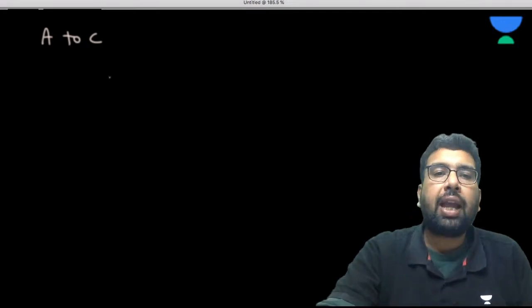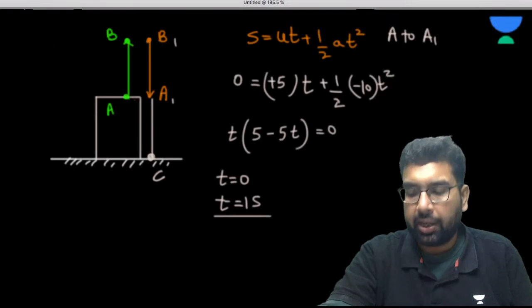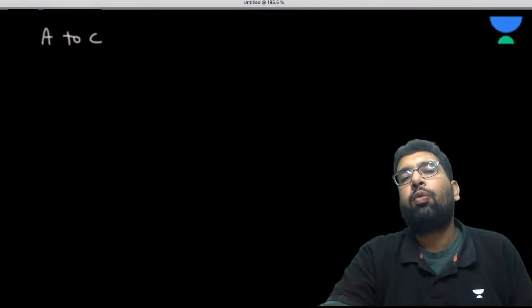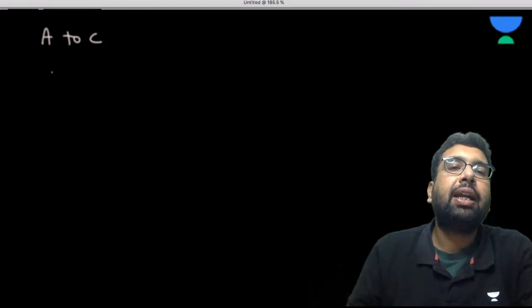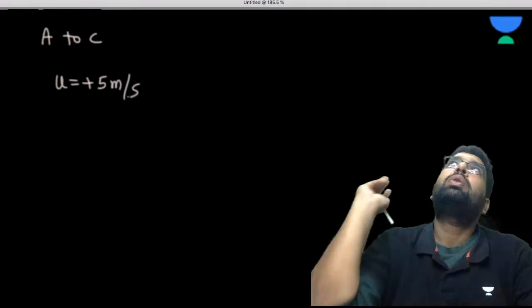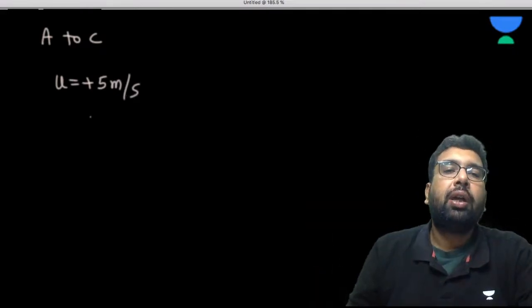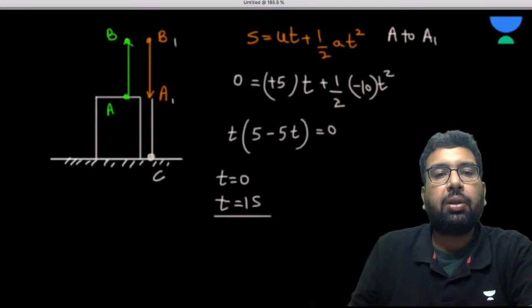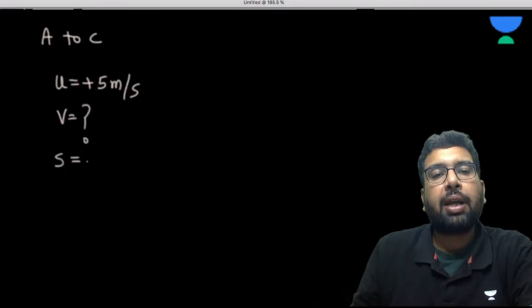Now we have to find the final velocity. We have the initial velocity. What is the initial velocity at A? It is plus 5 meter per second, because it is thrown in the upward direction. Final velocity we have to find. What is the displacement? The height of the tower is given to be 20, so the displacement is minus 20 meter.